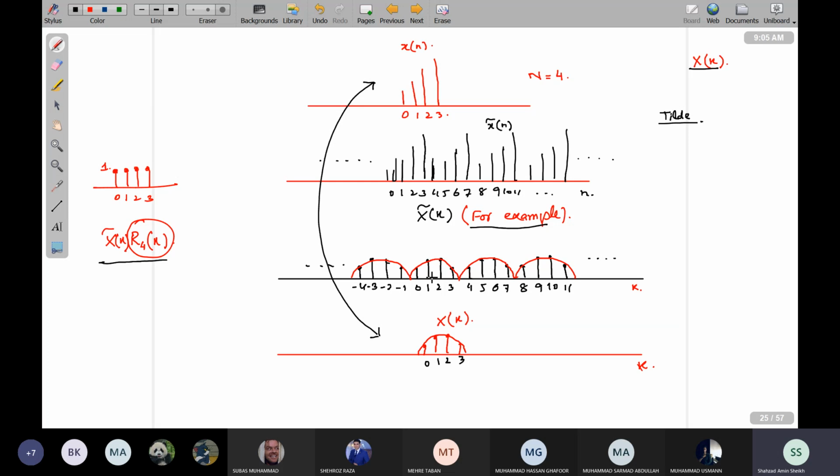I was just giving examples that it may have a shape like this, but the key concept here is that it is periodic. And if x tilde of k is periodic, then it would be multiplied with this r n k window, and as a result you will get just one period of that, and that is your x of k. Understand the actual concept, forget what will or will not be given for now. Yes sir, understood. Okay.